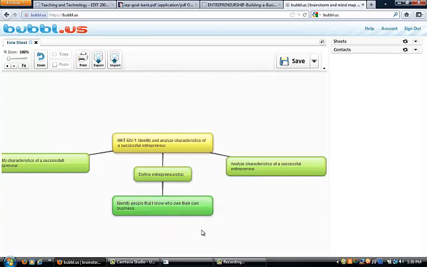So now the next part of your concept mapping is going to be to extend your ideas, and extending your ideas means you're going to start asking questions.